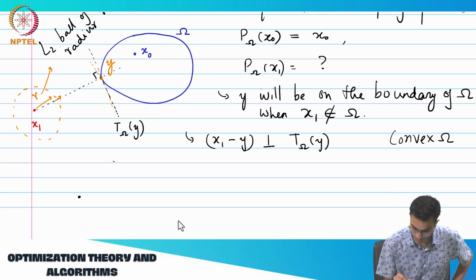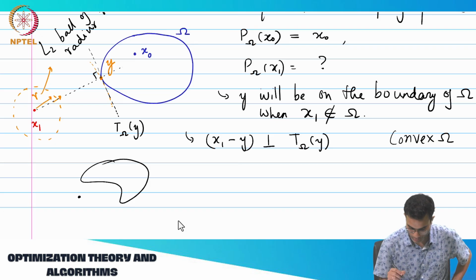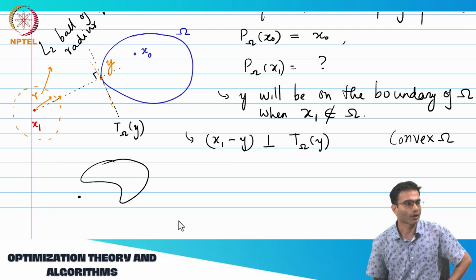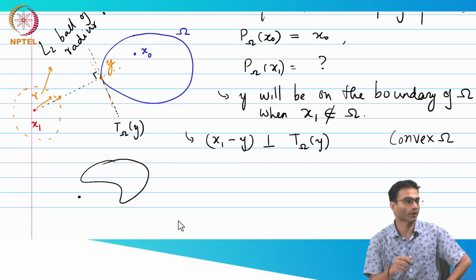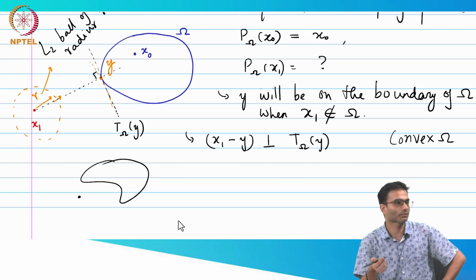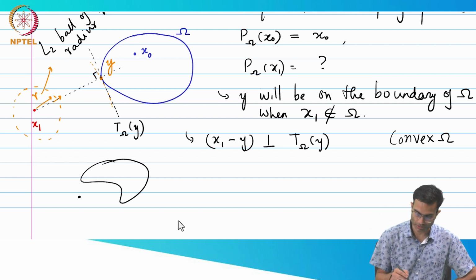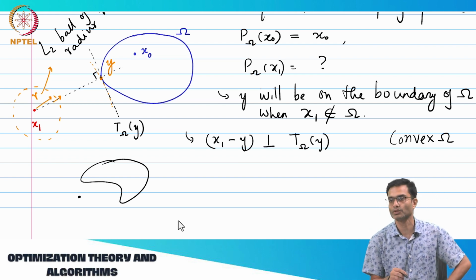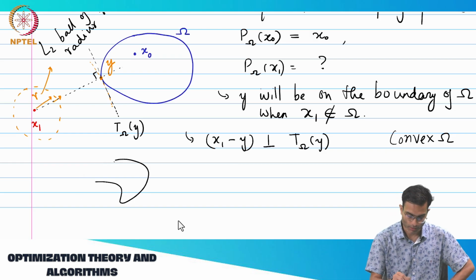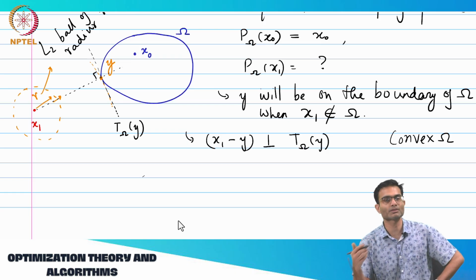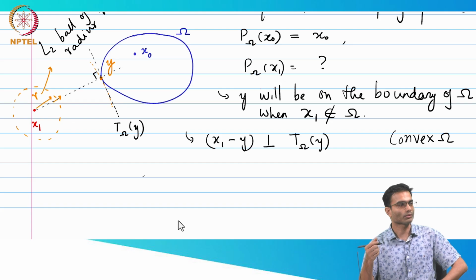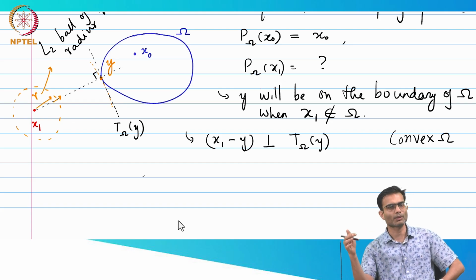Supposing this is my point and my set is like this. Now, strange things can happen, I may have more than one projection point, for example. Various things can happen. So this discussion is limited to the case of convex sets. And the good news is that many times the feasible set is a convex set. So for many engineering problems, it works out that using convex sets is good enough.